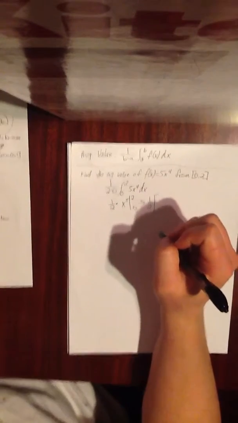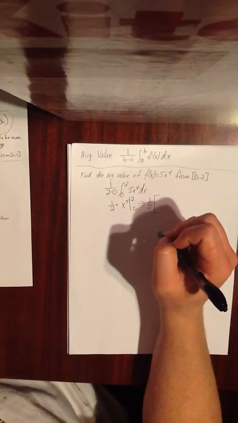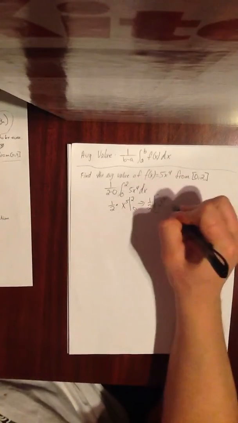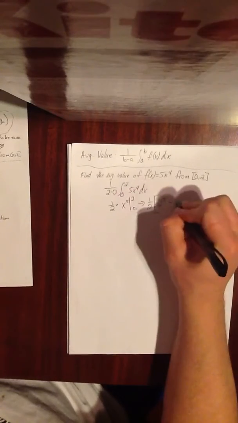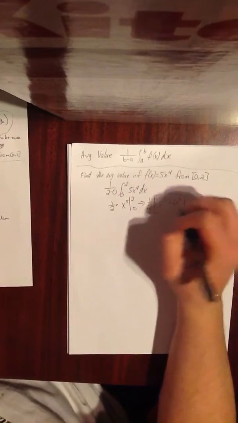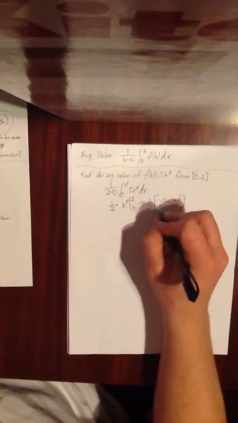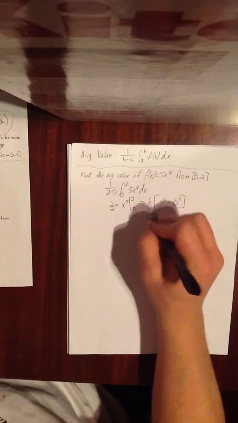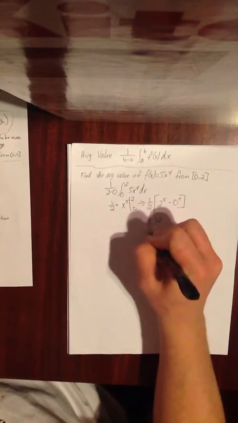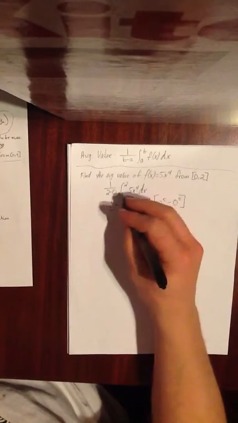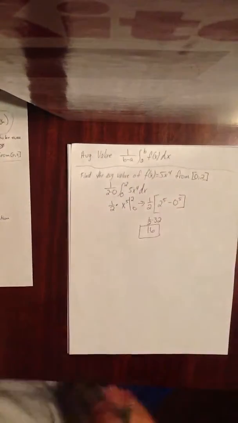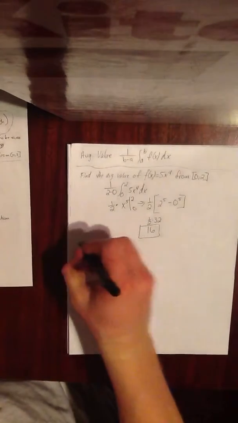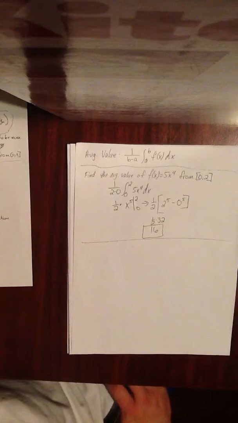Let's see what's that. 2 times 2 is 4, 8, 16, 32. Well, it's 2 to the 5th minus 0 to the 5th. That was 32. 32 minus 0, 32. Half of 32, 16. So the average value of that function from 0 to 2 is 16. Easy deal, right? Good. There's one of those on your homework.